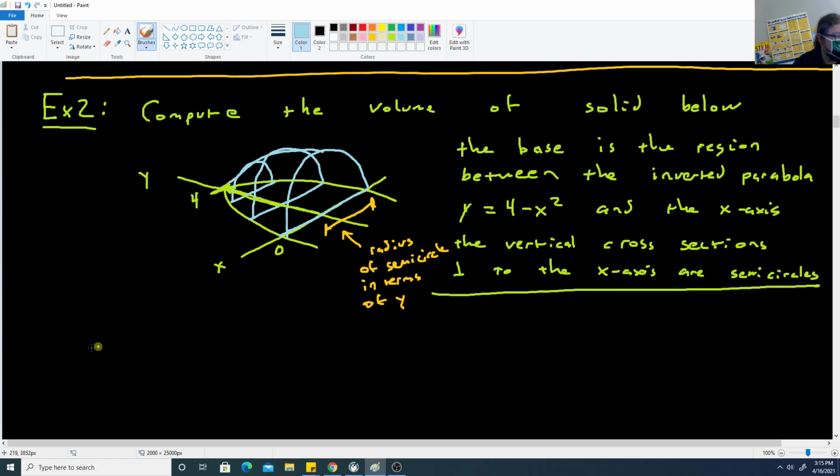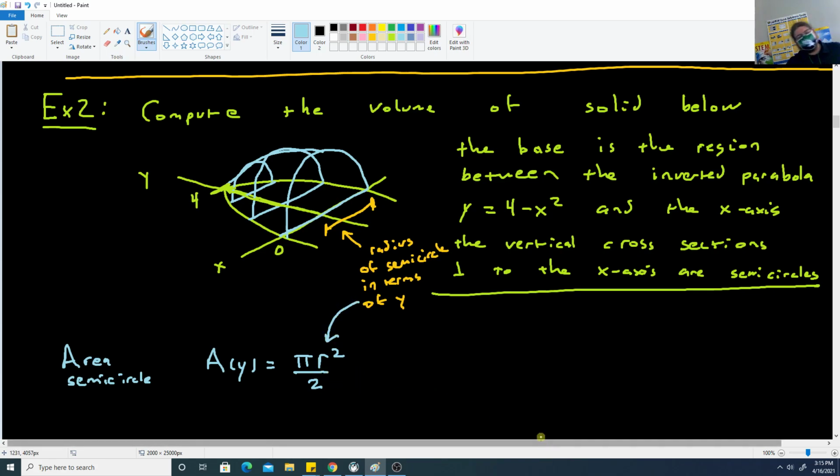If we call the area of a semicircle A of y, that will equal pi times r squared divided by 2. So we need to figure out the radius in terms of y rather than in terms of x, because our integral is going to run along the y's.